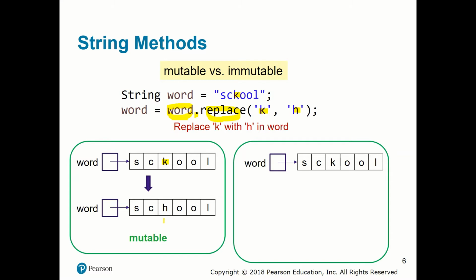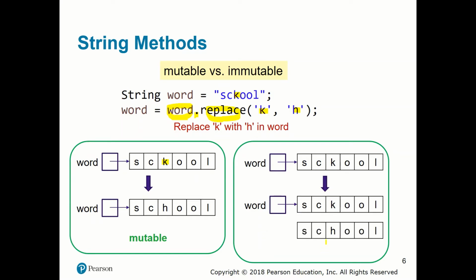However, if a string object is immutable, we cannot change the word. Instead, we make a new object, that is SCHOOL. And then we assign this new object to word, like this. So we cannot change the original object.